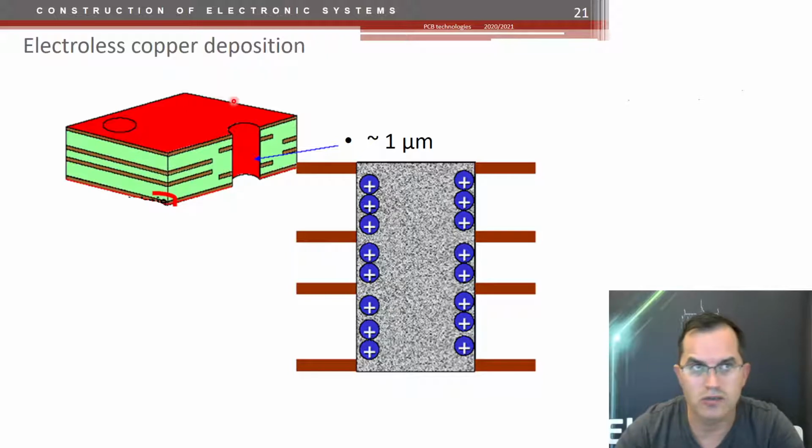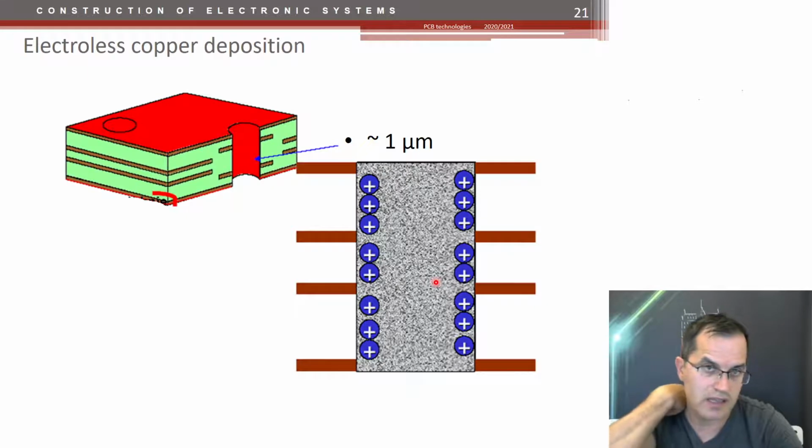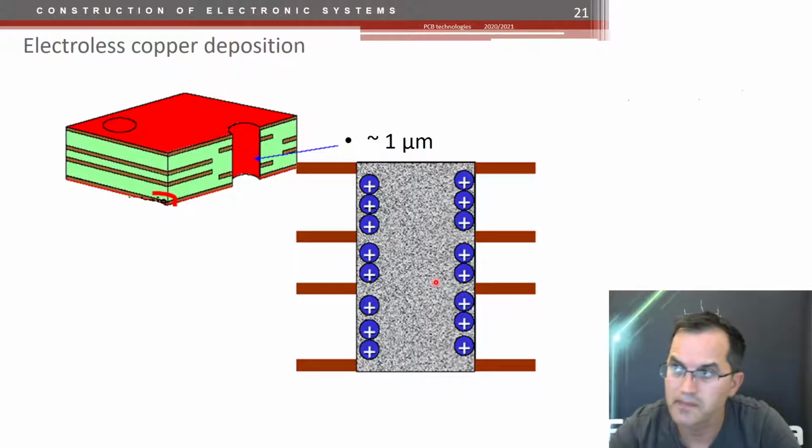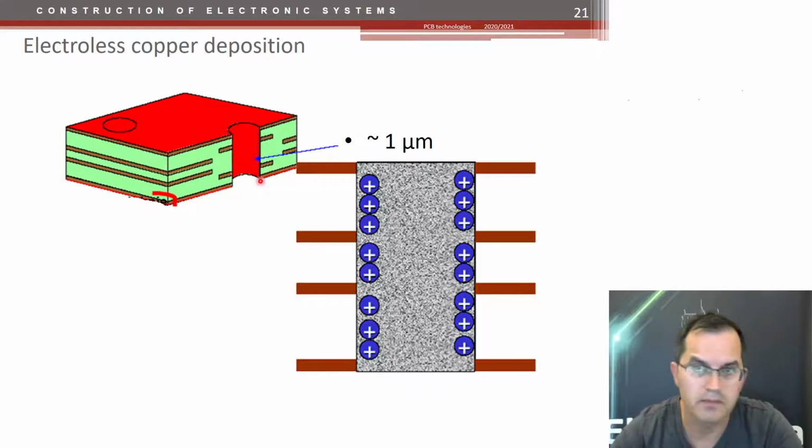Copper in a solution is applied to all surfaces without any electrical current, because the PCB at the beginning is not metallized here, so the copper has to attach to all non-conductive surfaces, and this is done by this electroless copper deposition technique. And then at the end of this step, all the surface of the PCB is covered with copper, very thin copper, maybe a micron or 2 microns thick copper layer.